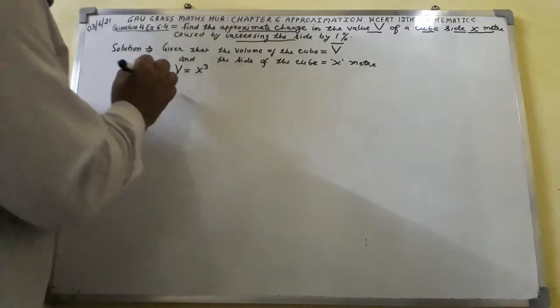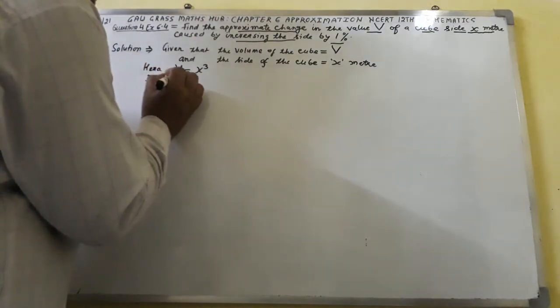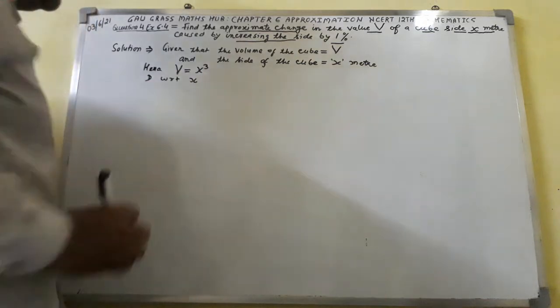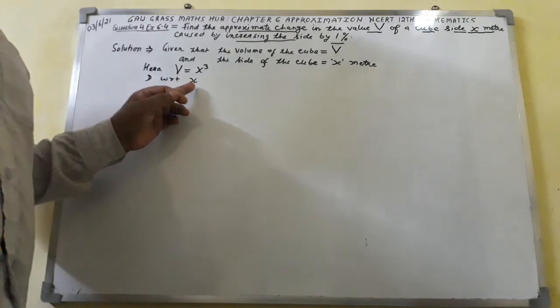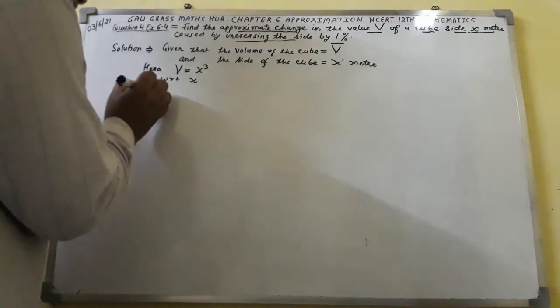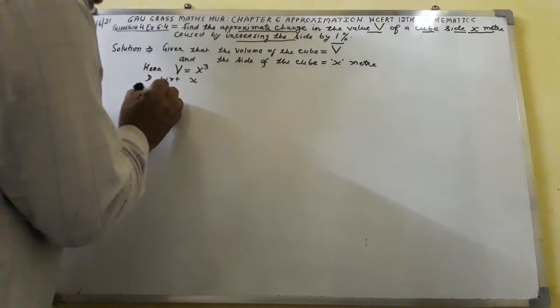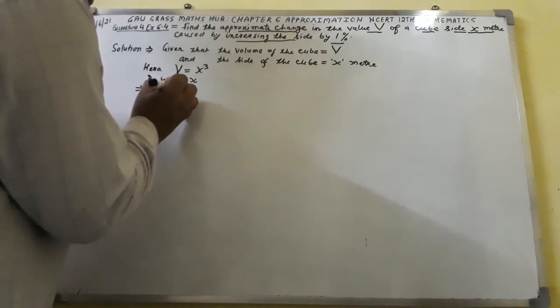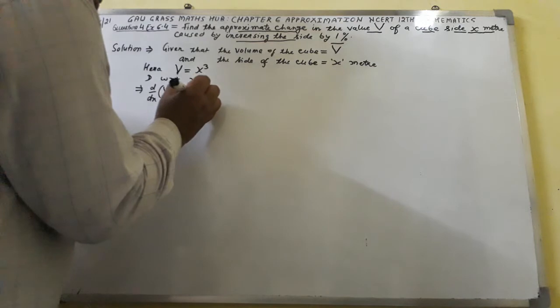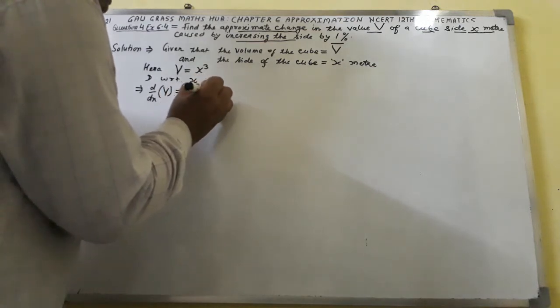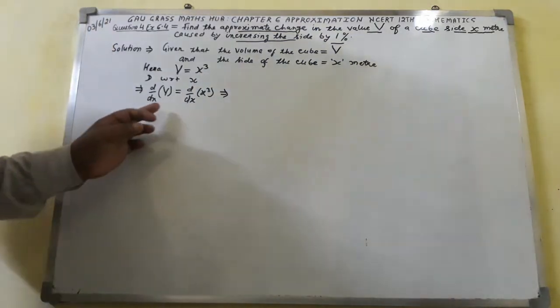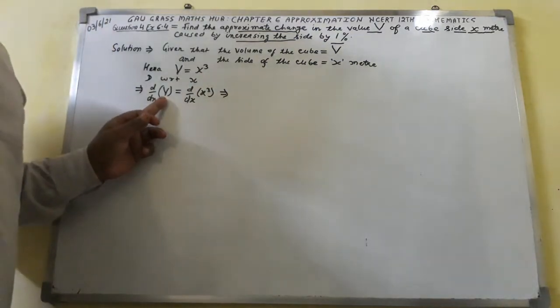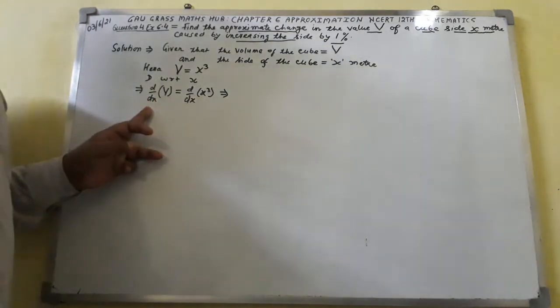So what to do here? I shall differentiate with respect to x. Differentiating capital V with respect to x, you will get d over dx of V equal to d over dx of x cube. Here the function in the numerator is capital V and in the denominator is x.